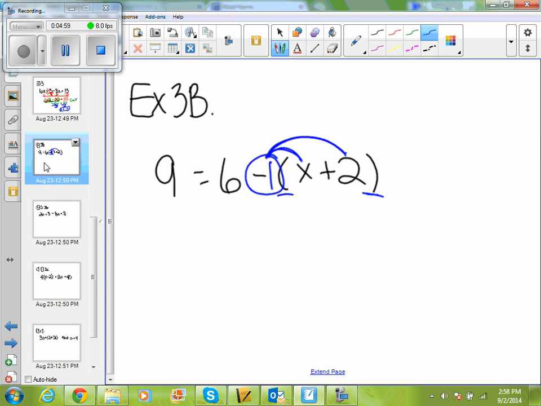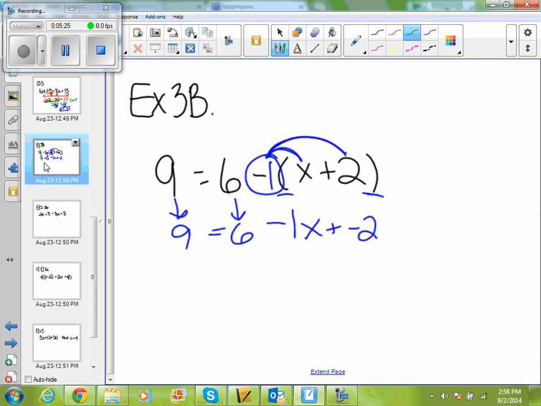So negative 1 times x gives me negative 1x. Negative 1 times 2 gives me negative 2. The plus sign stays in the middle, and I bring my 6 straight down and my 9 straight down. So this is like 9 equals 6 minus 1x plus negative 2.